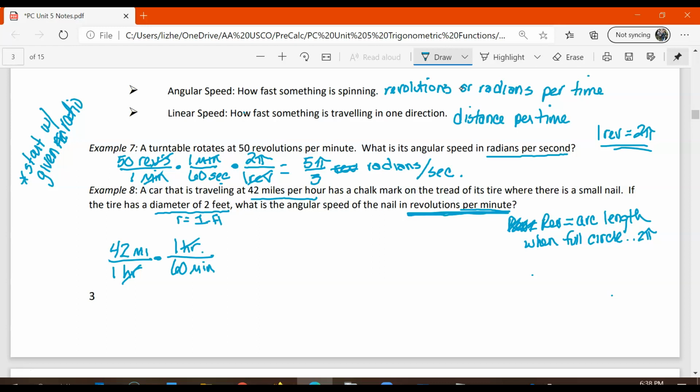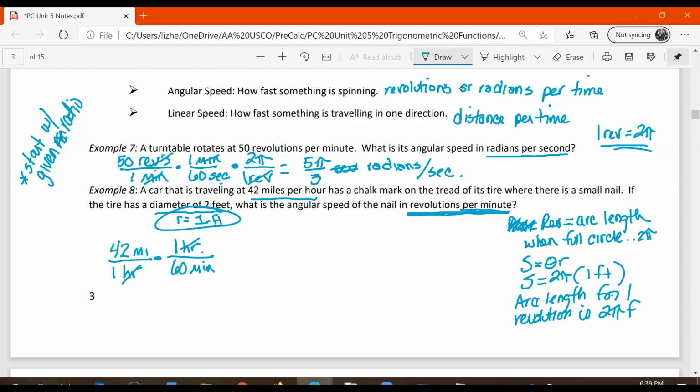So what's our formula for arc length? S equals theta times radius. So the arc length here would be S equals, the full circle is 2 pi, and then what's my radius? 1 foot, right there. So therefore, 2 pi feet is the arc length for 1 revolution.